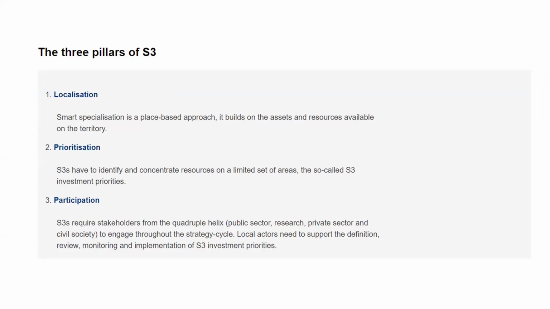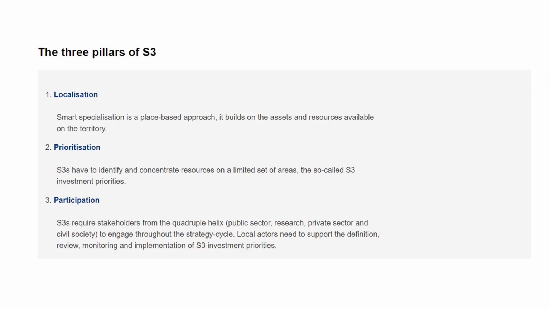Choose 1, 2, 3, 4 areas and focus a little bit more on those good things. Give a priority. The third one is to make people involved: researchers, industry, the politicians. Everybody should be involved, because that's the only way to actually make things move.